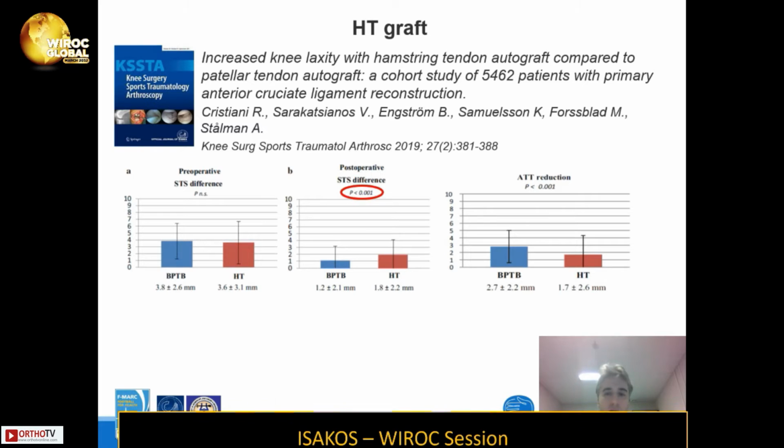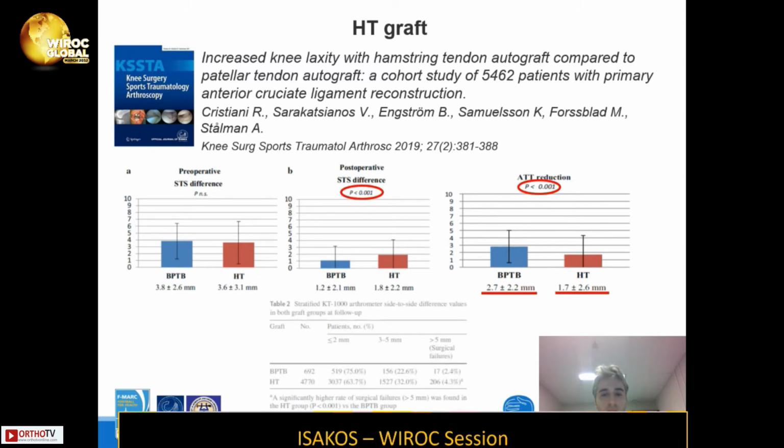On the other hand, the anterior tibial translation reduction was significantly higher for the bone patellar tendon bone graft. So this graft reduces laxity more effectively, to a higher degree, compared with the hamstring tendon graft.